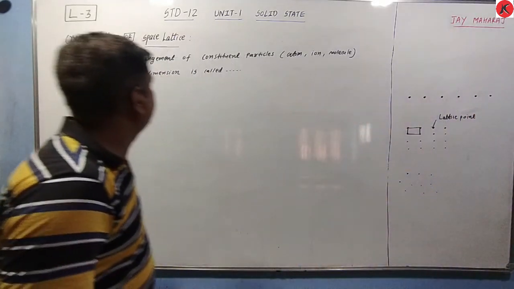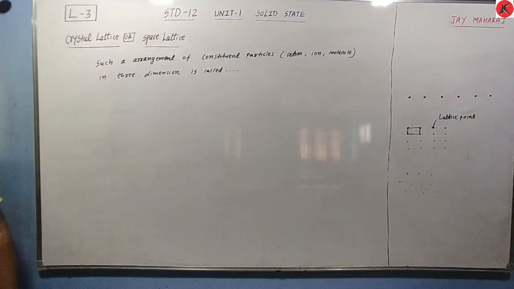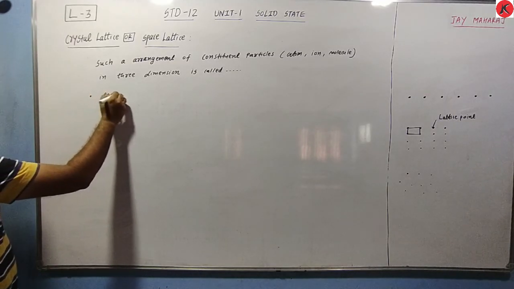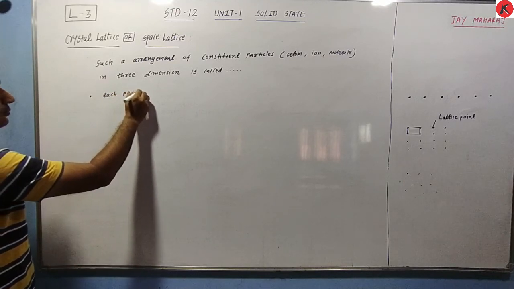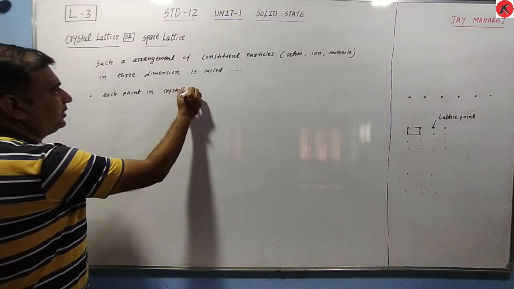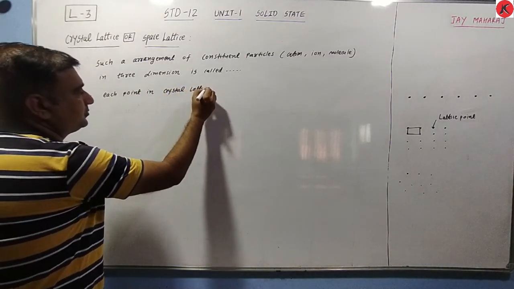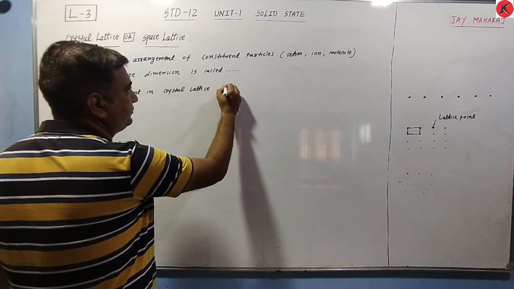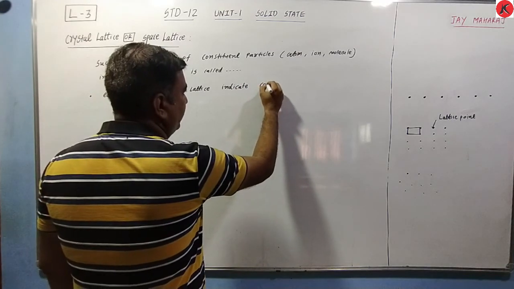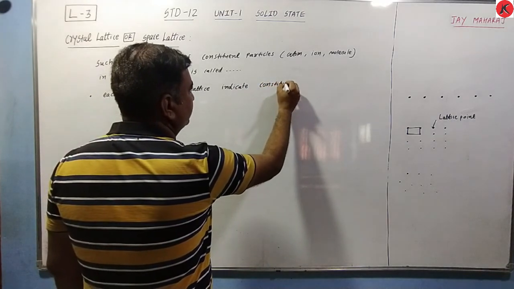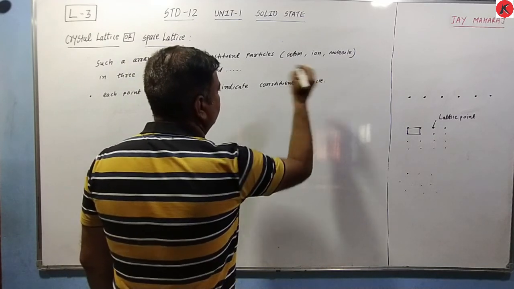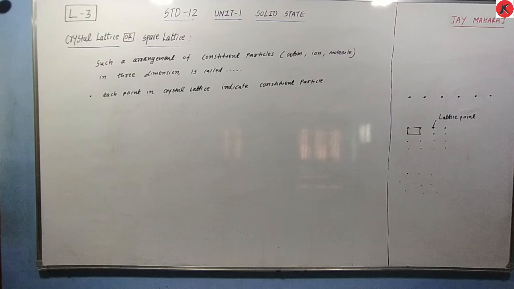That means characteristic of crystal lattice or space lattice is, first, each point in crystal lattice indicates constituent particles. These may be atom, ions or molecules.